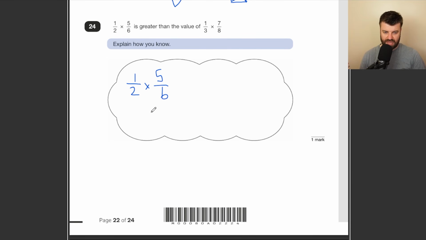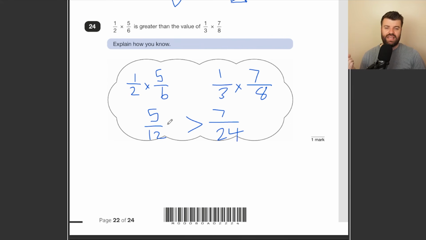Well, we could just multiply it out. 5 times 1 is 5 over 12 is greater than 1 over 3 multiplied by 7 over 8. That's going to get us 7 over 24. Now, the awesome thing we can see here is that 12 goes into 24. So straight away we can say this is equivalent to 10 over 24, which means quite obviously it's bigger.